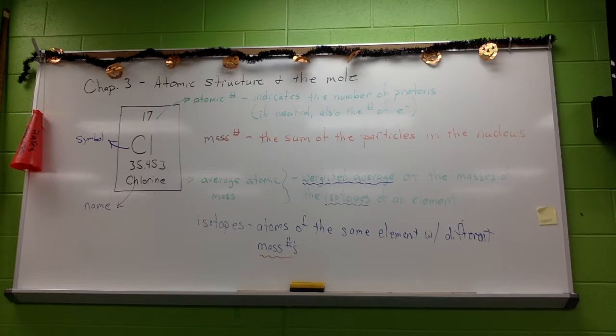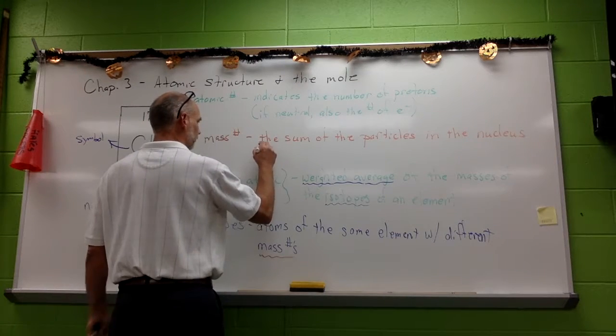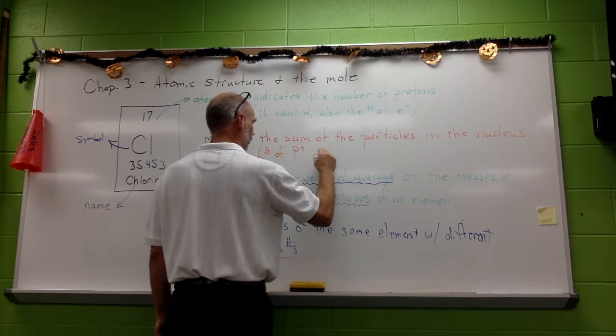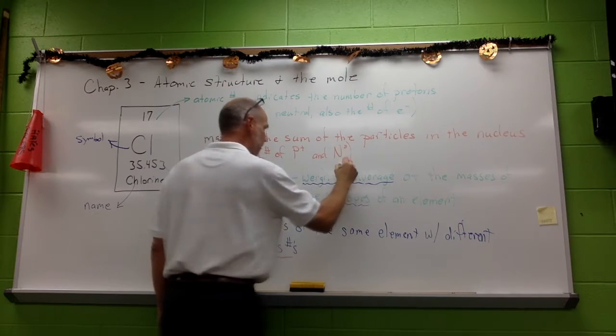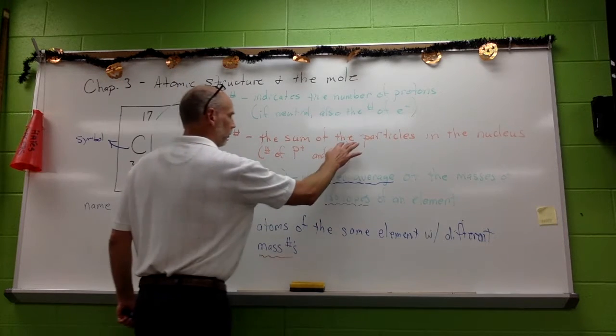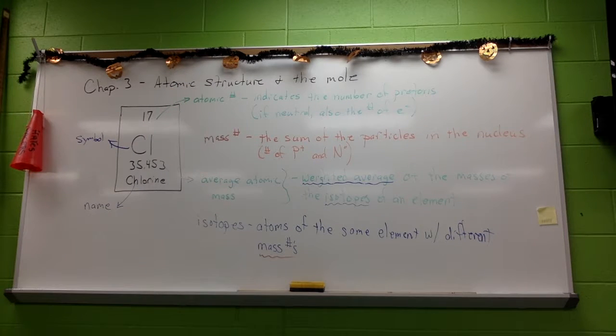That's it, protons and neutrons. By the way, those are pretty standard symbols for protons and neutrons, a capital P with a plus sign, a capital N with a little 0 superscript. We'll come back to that. I actually skipped something already today, so we'll come back to that here in a second. But anyway, the sum of the particles in the nucleus.